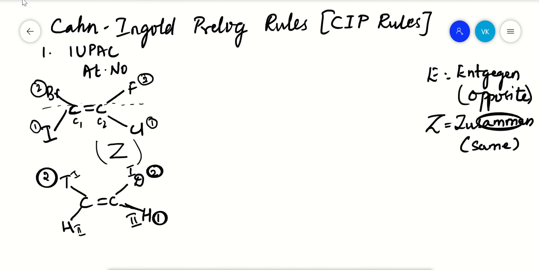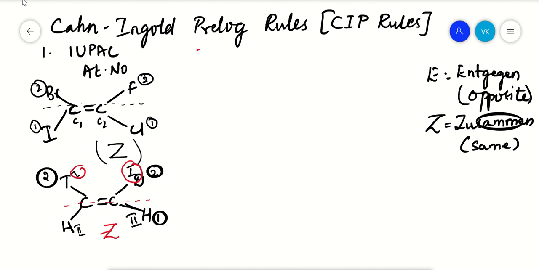The first priorities are given to deuterium and tritium, so both are on the same side of the double bond. As they are on the same side, again we say this is Z configuration. So this is your second rule.